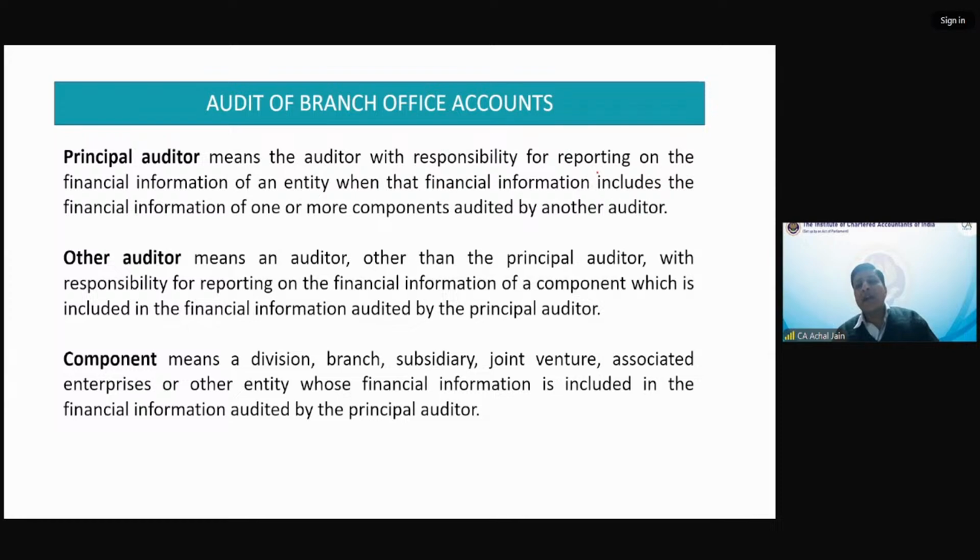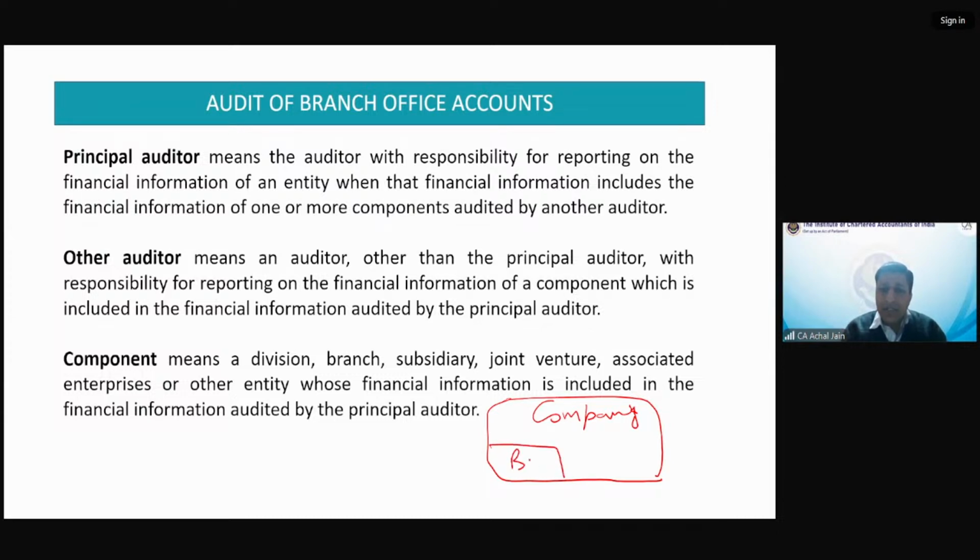Now, in relation to a branch, what is it that is required to be done? Audit, of course. Because a branch is a part of the company, you will have this situation. Let's suppose this is the company, and this is one of the branches of the company, say branch B1.